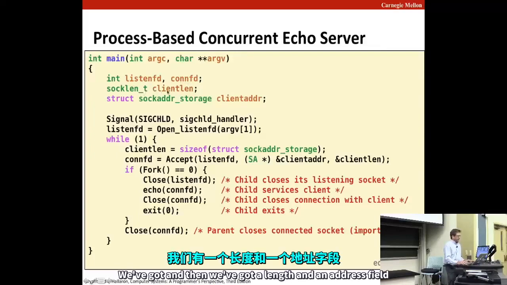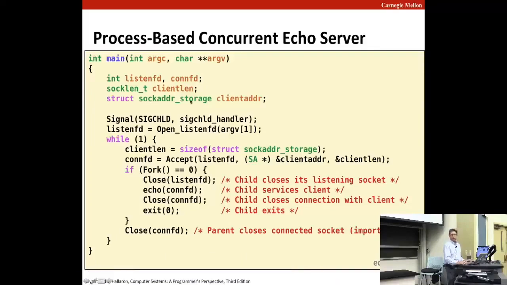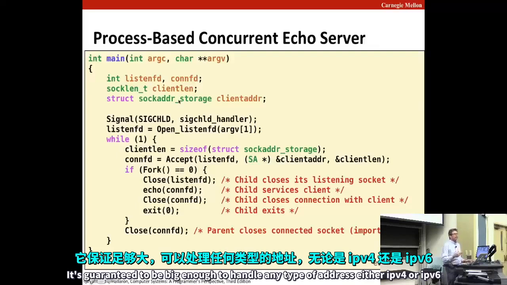And then we've got a length and an address field. The address is declared in a protocol-independent way using this sockaddr_storage type, which, as you saw last time, is guaranteed to be big enough to handle any type of address, either IPv4 or IPv6.